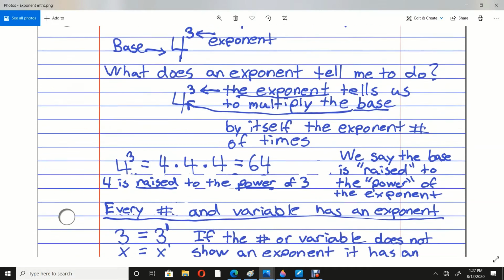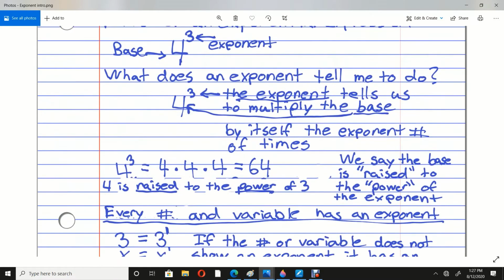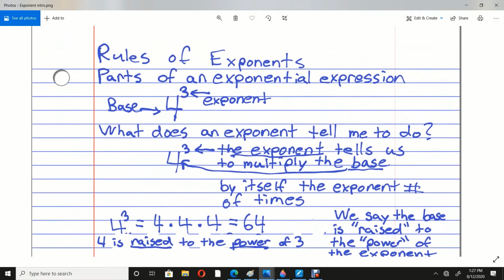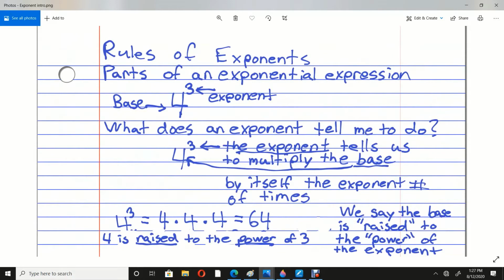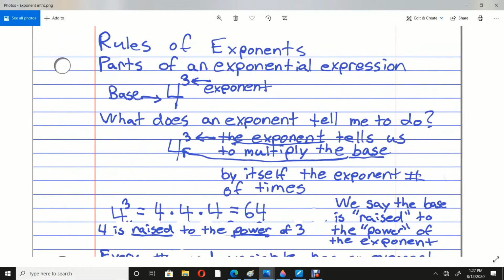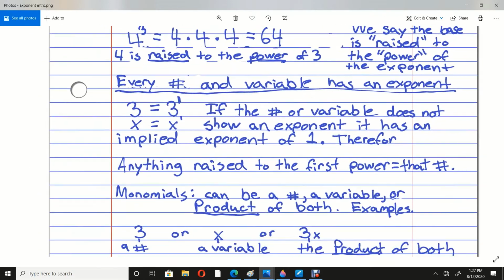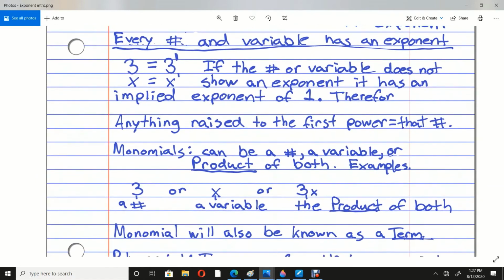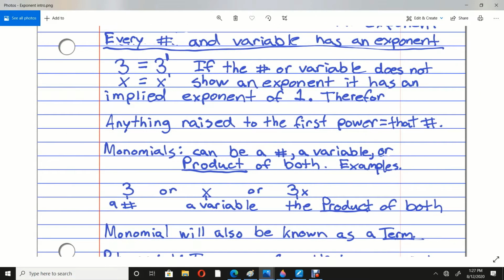Great. Take your time and pause it if you need to get all of this. Otherwise, I am going to move forward. Every number and variable has an exponent. So what about a whole number like 3?